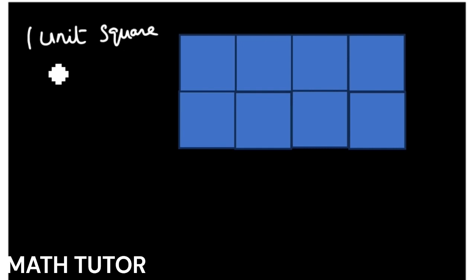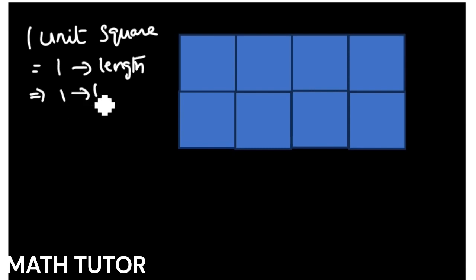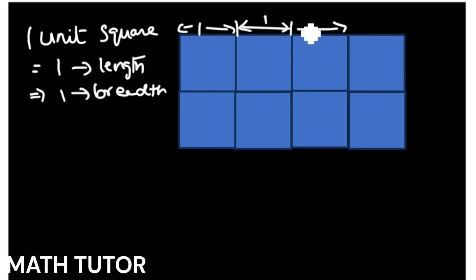So 1 unit square has length and width 1 centimeter or 1 meter, 1 unit length and 1 unit breadth. Now this is 1 unit, this is 1 unit, this is 1 unit, and this is 1 unit.